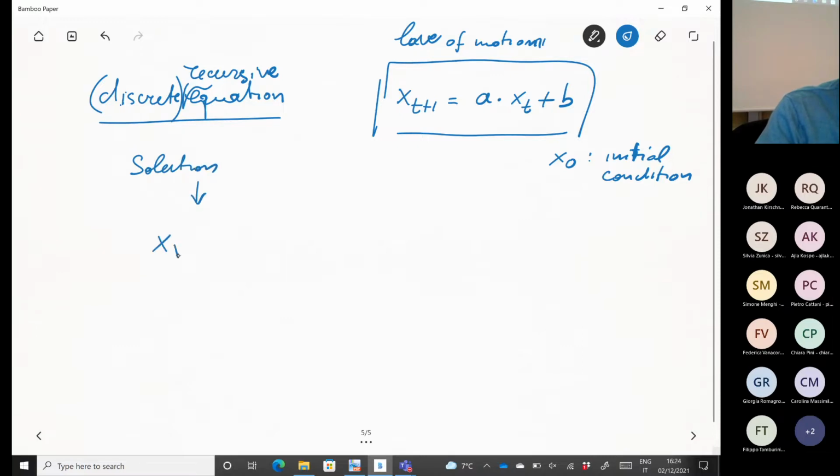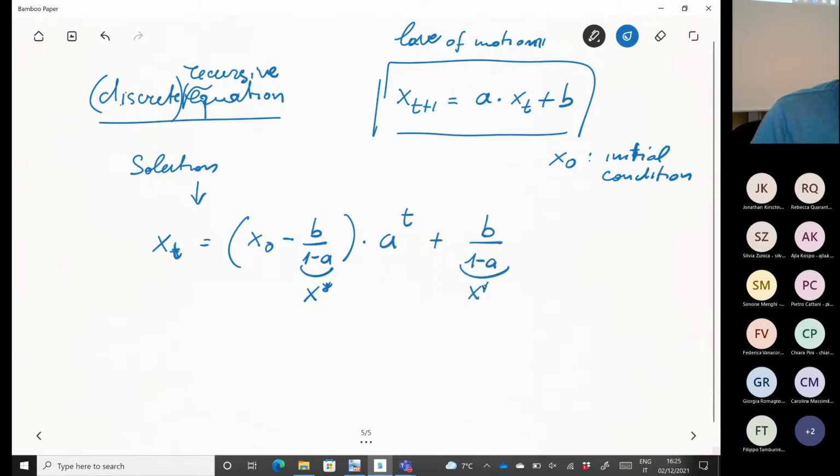This is the equation, this is the solution. x at time t is equal to x0 minus b over 1 minus a, which is called x star, because it represents a steady state, times a to the power of t, plus b over 1 minus a, which is again x star. Okay, why is b over 1 minus a steady state?